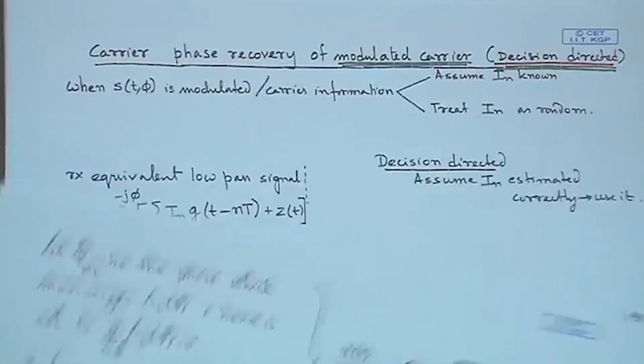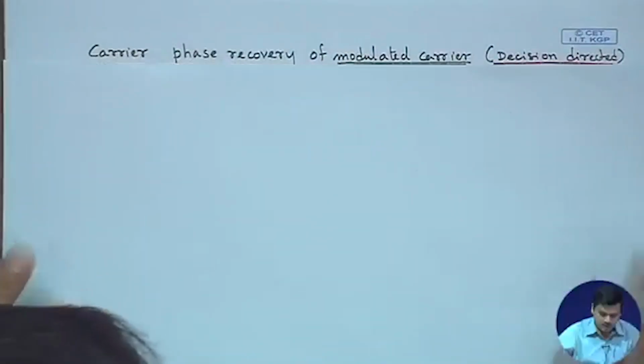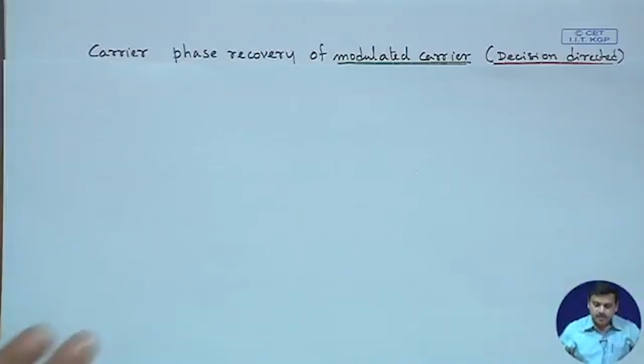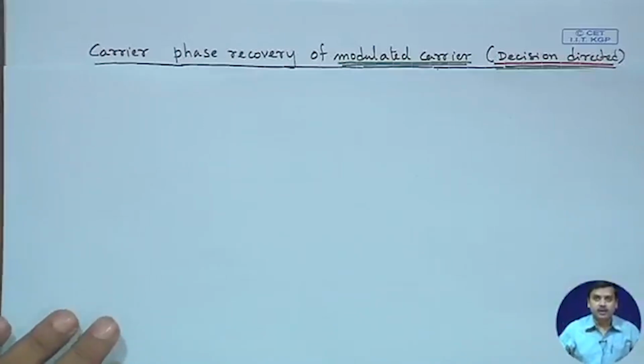So, now we move further to discuss the carrier phase recovery of a modulated carrier. Till now we have seen that you have a signal which is unmodulated, we just have cos 2 pi f c t plus phi, but now we say let there be a modulated carrier.